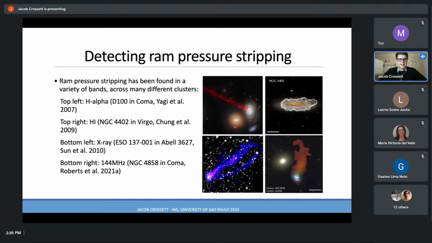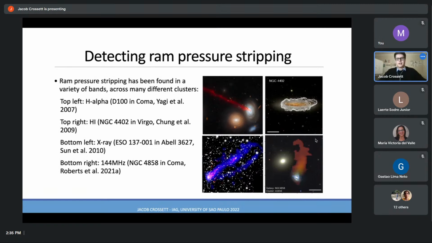Additionally, these stars can form and die, and in the supernova explosions can emit cosmic rays, which themselves get stripped out as the galaxy moves into the cluster. We see that in the bottom right image there from the Coma cluster.